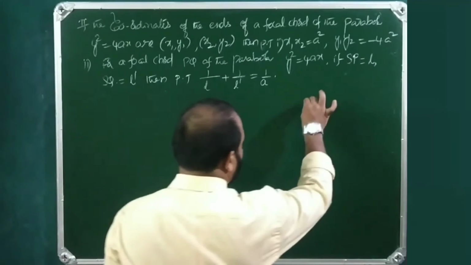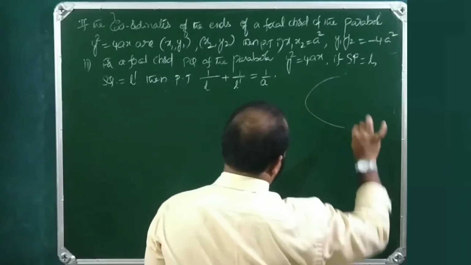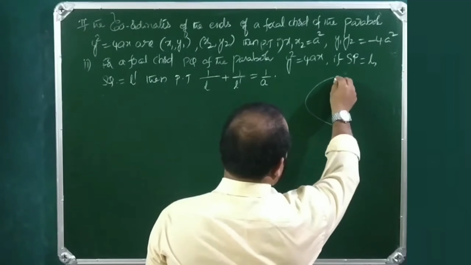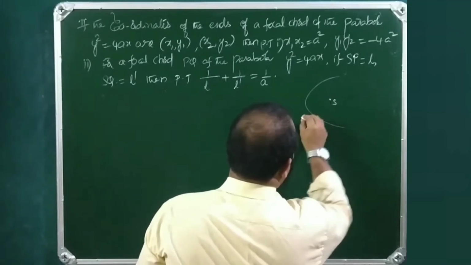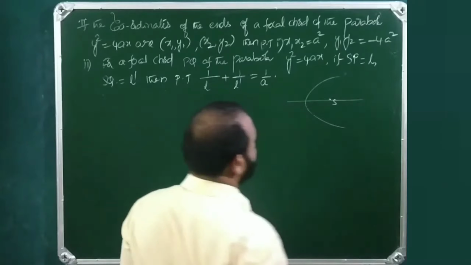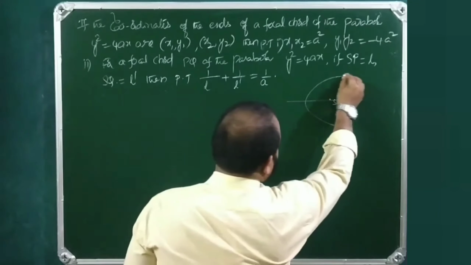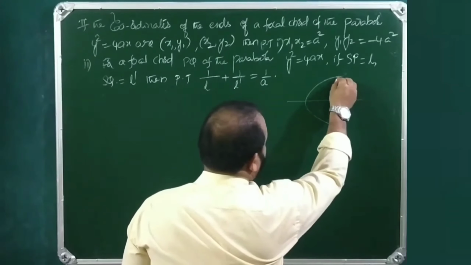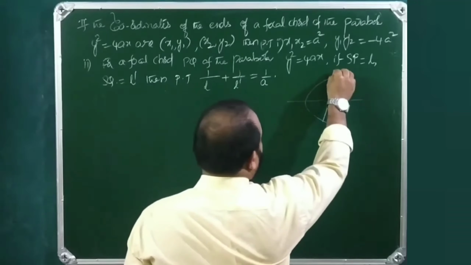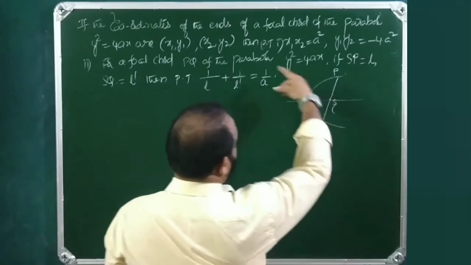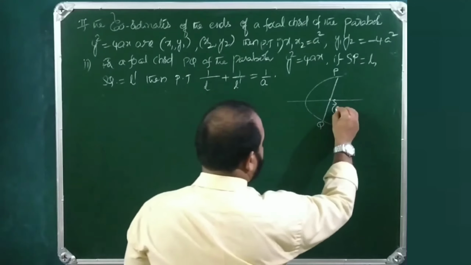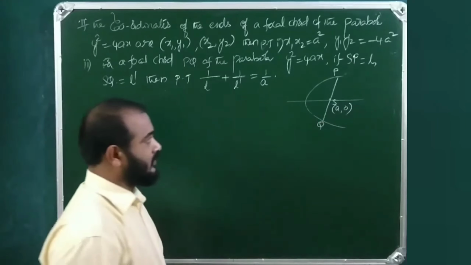Let us suppose that this is the parabola y square equals 4ax, this is the focus S, and this is my principal axis. Let us suppose that this is the chord PQ, and for the parabola y square equals 4ax, (a, 0) is the focus.